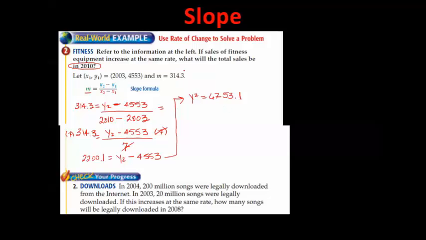Now the question said, what will be the total sales of 2010? And these are probably in thousands or millions, and that point is just where it's going to be breaking off. So their sales is going to equal this in 2010.